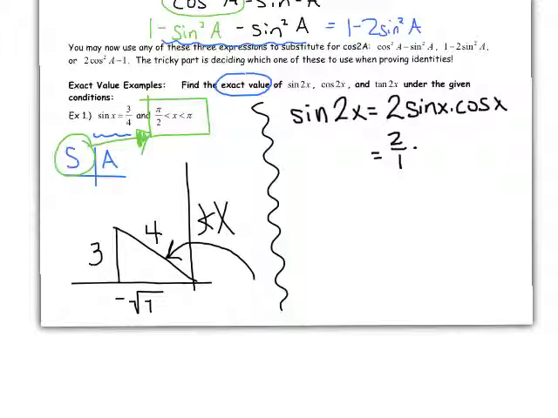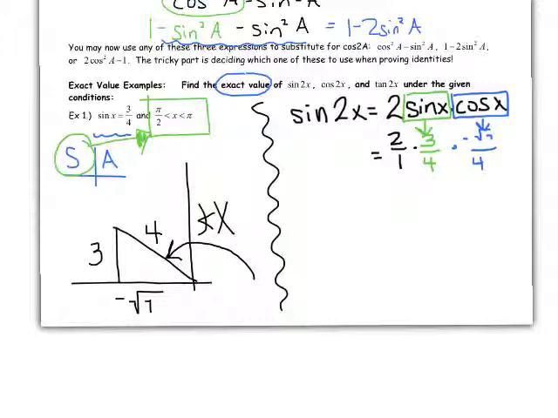So again, sine of an angle equals the ratio opposite, which is 3, over hypotenuse, which is 4. And lastly, cosine is going to equal adjacent, which is negative root 7, over hypotenuse, which is 4.